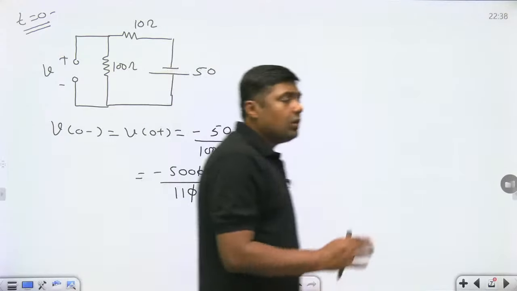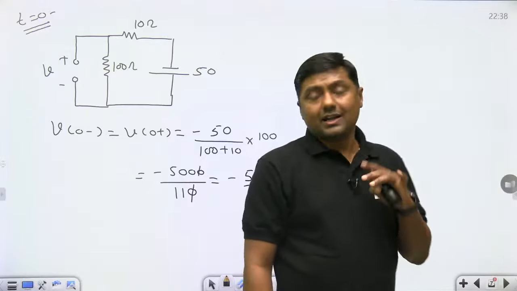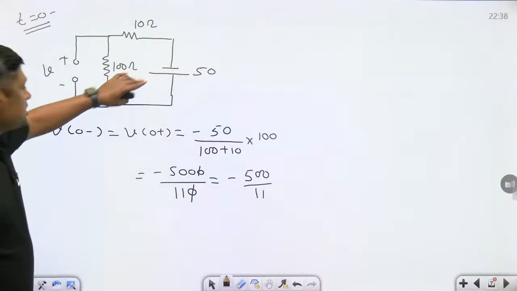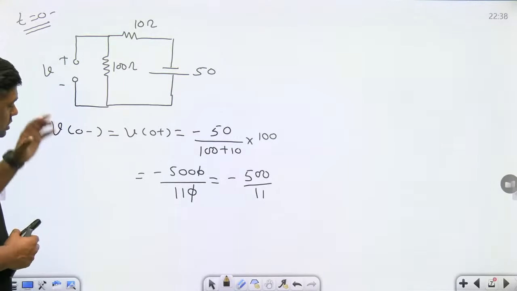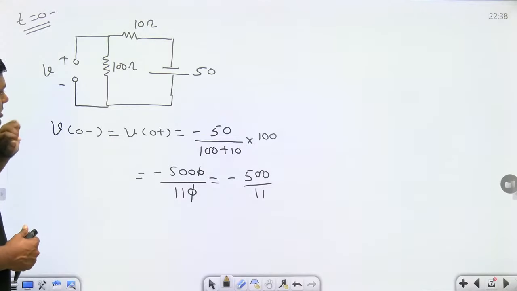This is the initial voltage across the capacitor. Yes, Arvind, exactly correct. That is minus 500 by 11 with polarity, because this is the negative value.